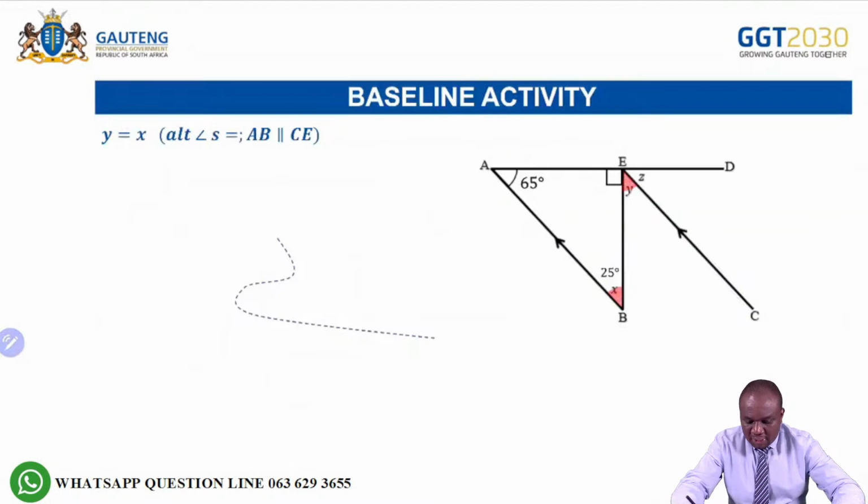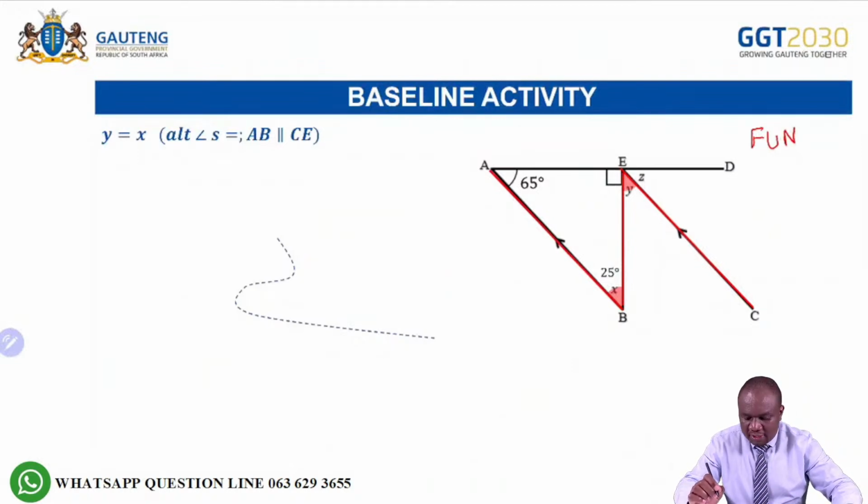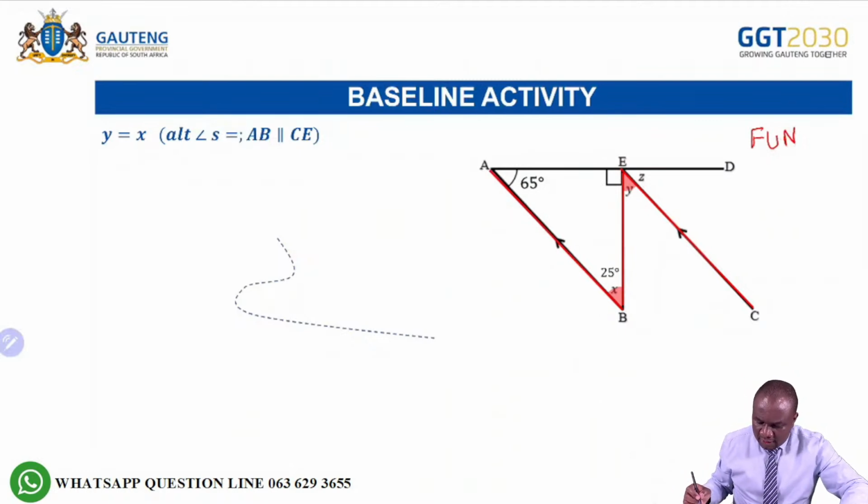We have these parallel lines, EC and AB, and then BE is the transversal, also forming the letter N. Remember, in grade 8 and 9, we talked about FUN. The F for corresponding angles, the U or the C for co-interior angles, and then the N or Z for alternate angles. You see that? So X here and Y are alternate angles, so Y is equal to 25 degrees.